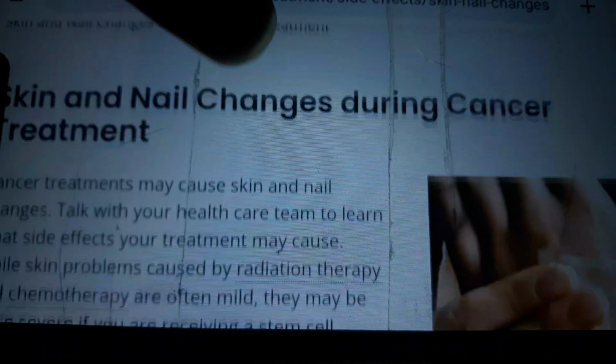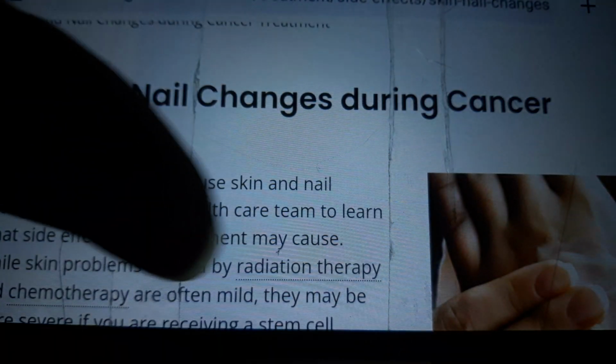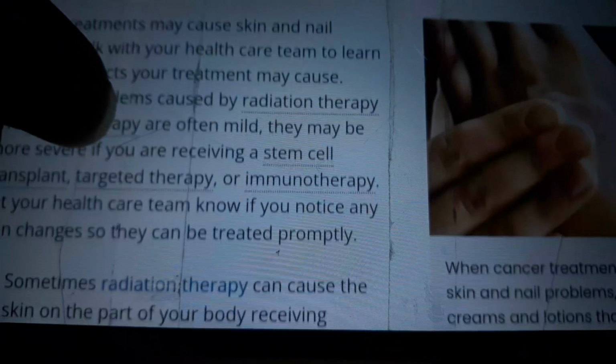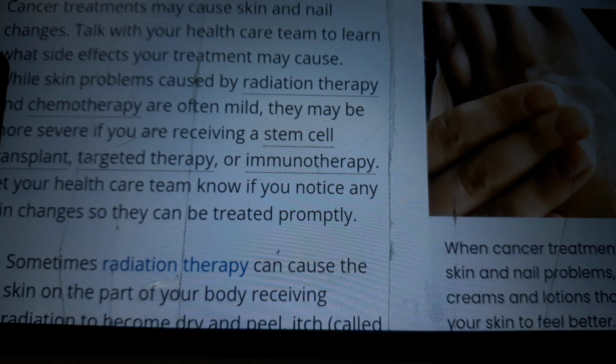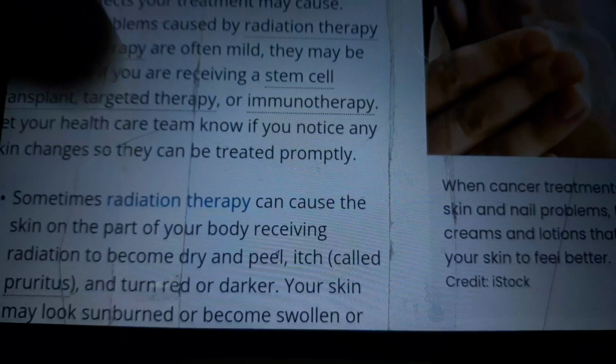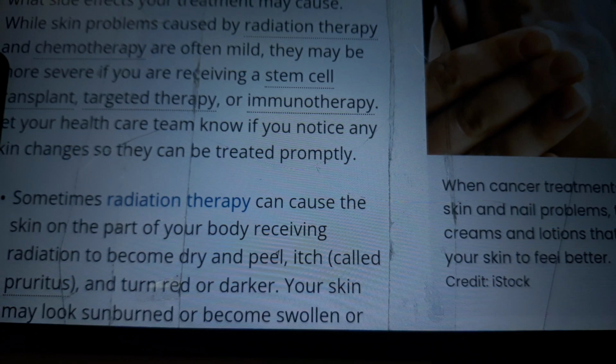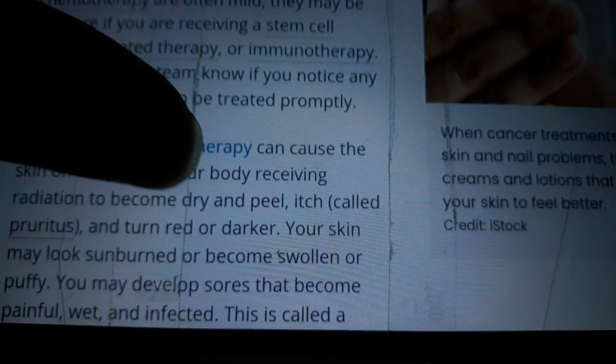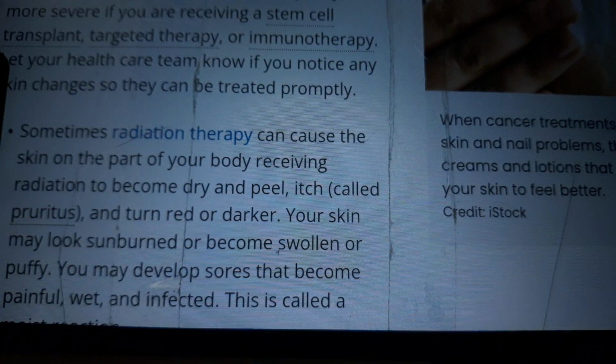Now, skin and nail changes during cancer treatment. Cancer treatments may cause skin and nail changes. Talk with your healthcare team to learn what side effects your treatment may cause. While skin problems caused by radiation therapy and chemotherapy are often mild, they may be more severe if you are receiving a stem cell transplant, targeted therapy, or immunotherapy.